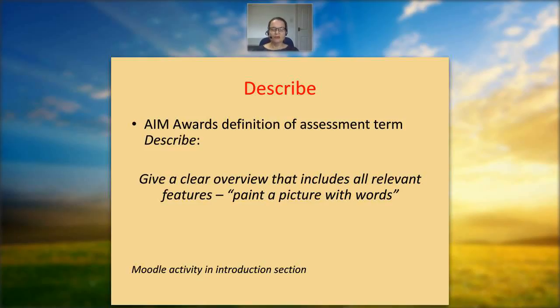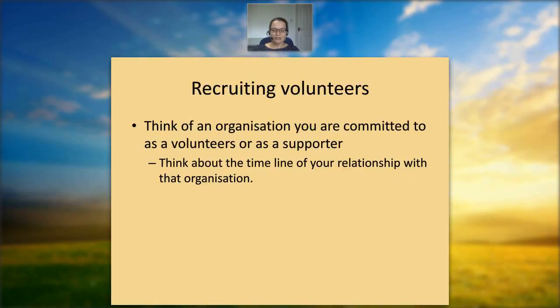How are you going to find those volunteers? And it could be that you choose a different approach dependent on the role that you're looking at as well. So that's the first task that you're being asked to do. I'm not going to do that today.